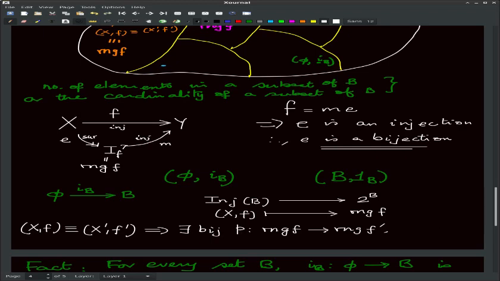And that's exactly the meaning of this, right? Clear?